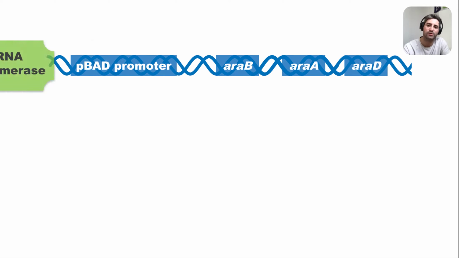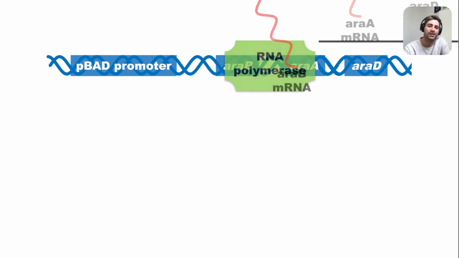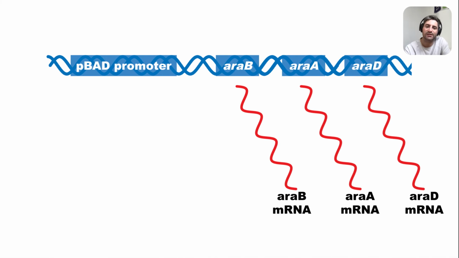So RNA polymerase will bind to the promoter site, and then as it reads the DNA, it will transcribe the ARA B, A, and D genes into ARA B mRNA, ARA A mRNA, and ARA D mRNA, which then can get translated into their respective proteins.